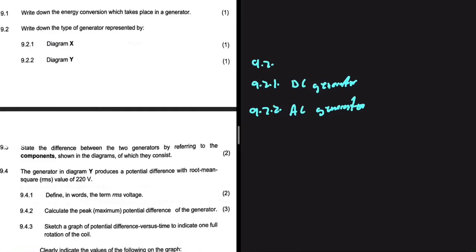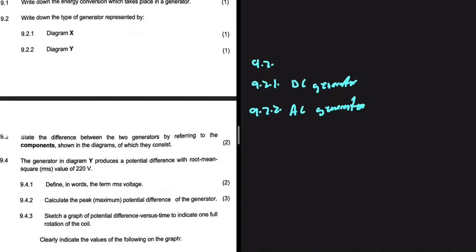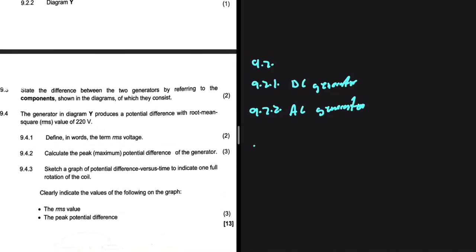You are able to tell because in a DC generator, in diagram X, we have split rings. And in diagram Y, the AC generator, we have slip rings. So if you get the answers to 9.2, then you should not get 9.3 wrong. Because how did you arrive at your answer for 9.2 if you get 9.3 wrong? Doesn't make any sense. Let's look at the question that follows.